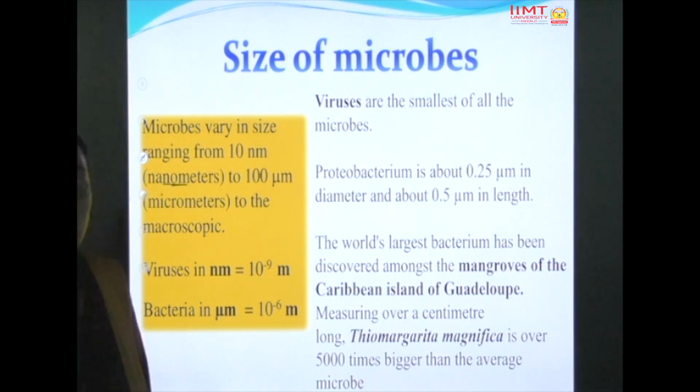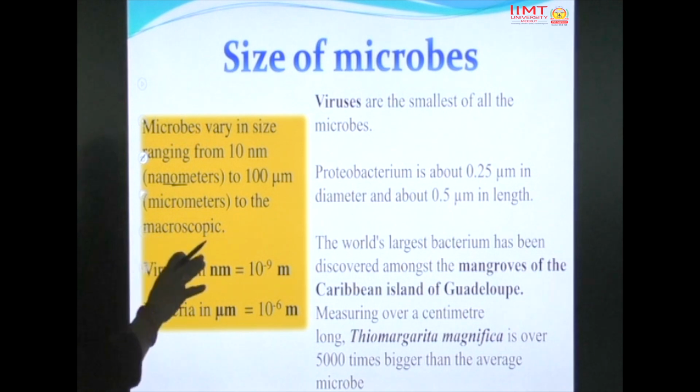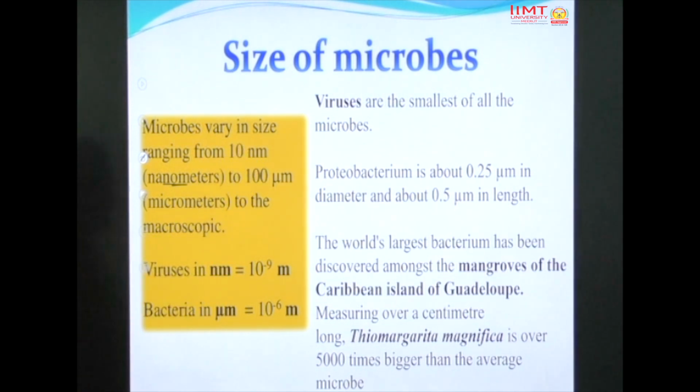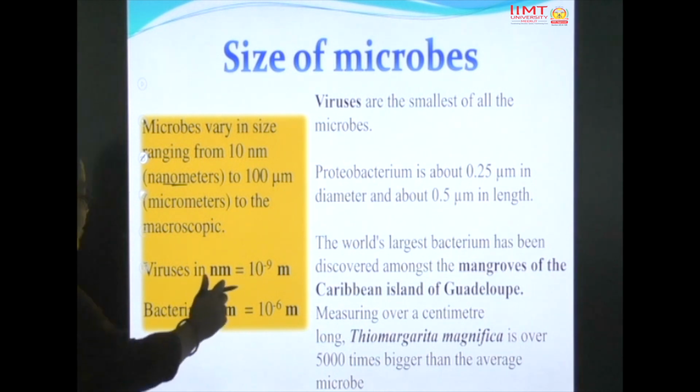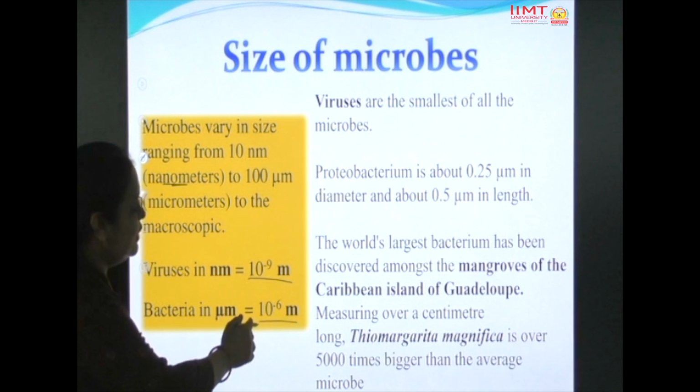The size of microorganisms varies and ranges from 10 nanometers to 100 micrometers. The size of a virus is about 10 to the power minus 9 meter, and the size of bacteria is about 10 to the power minus 6 meter.